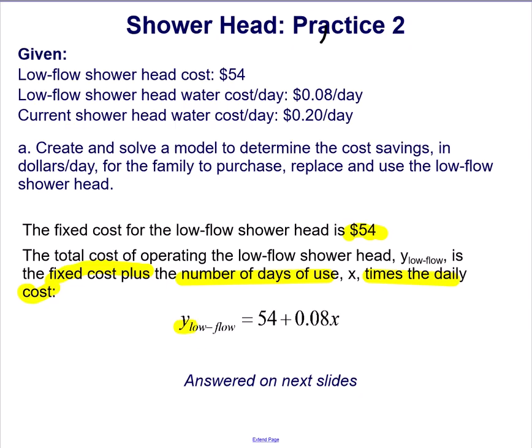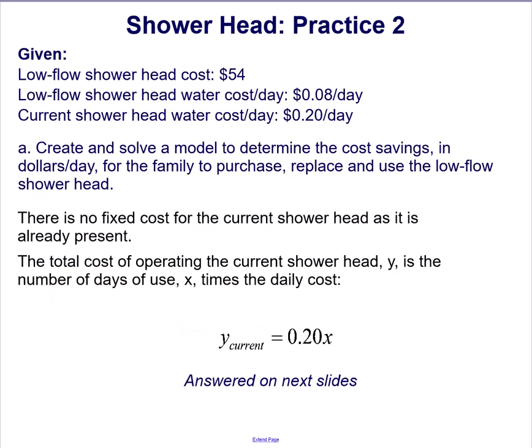So here's our abbreviation, y with a subscript of low flow. There's our fixed cost, and there's our daily cost. So the expression is y sub low flow is equal to 54 plus 0.08x.